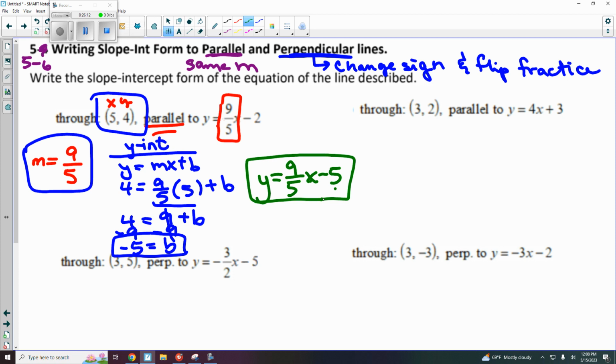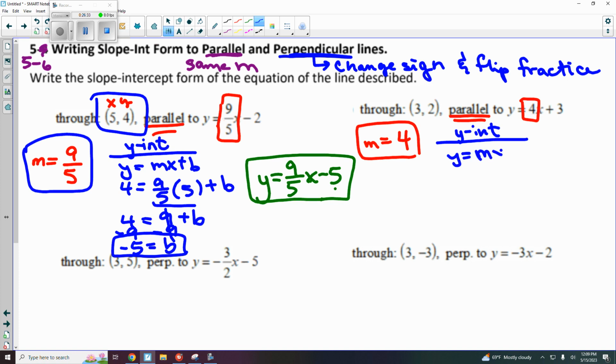And we're good. Alrighty, so now for our next one, our slope's the first thing we're going to find, so m equals, and now it tells us it's parallel, so same slope. So if this slope is 4, our slope's also going to be 4, and we're good. Now we're right back to our y-intercept, which we're going to use our slope-intercept form, y equals mx plus b, and our ordered pair where we have our x and our y, and then our m.